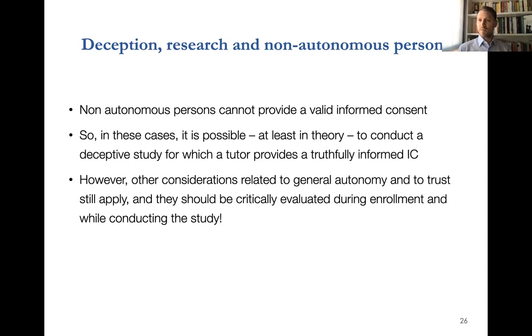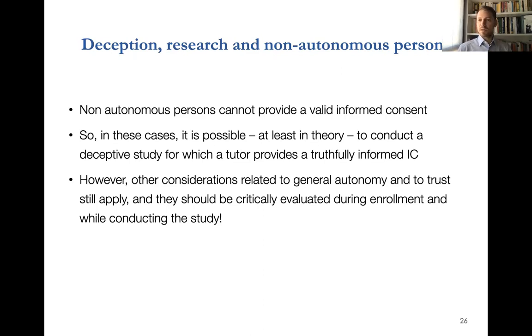They might have a relevant degree of autonomy, maybe not up to the threshold for which they could be considered fully autonomous and so able to provide a fully valid and binding informed consent, but still they are autonomous persons to some extent, and we should nonetheless respect that residual autonomy. And also there are considerations of trust.